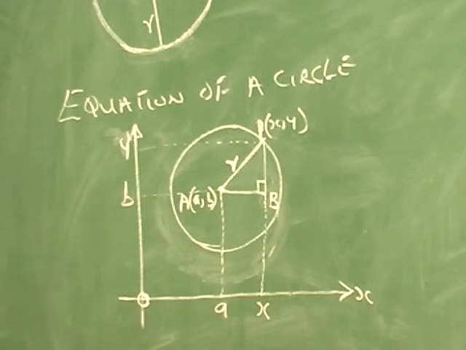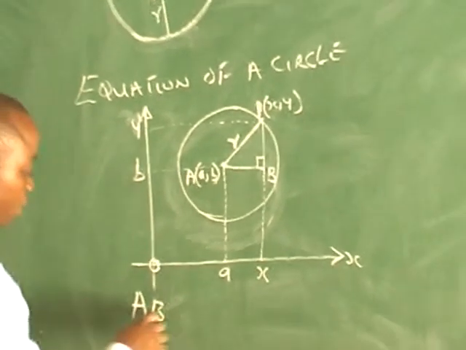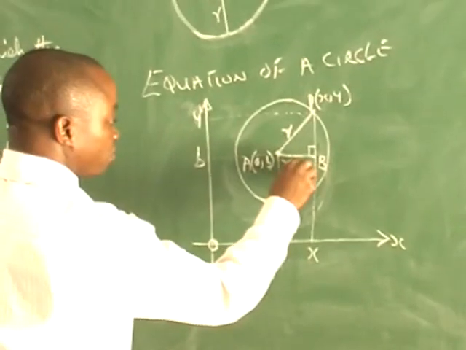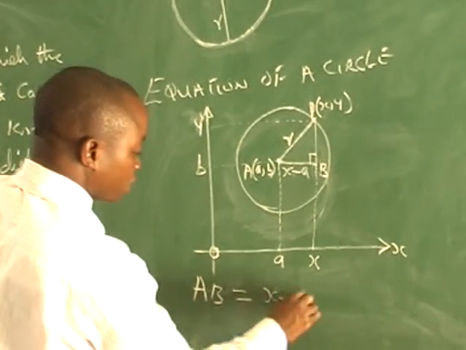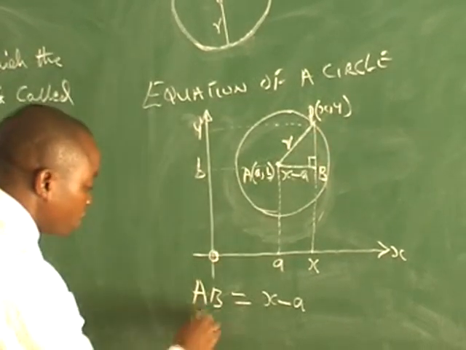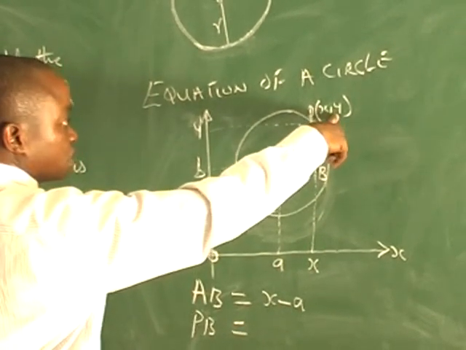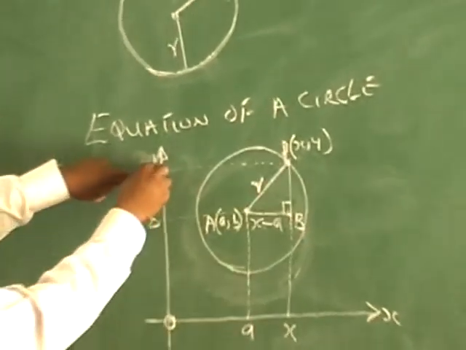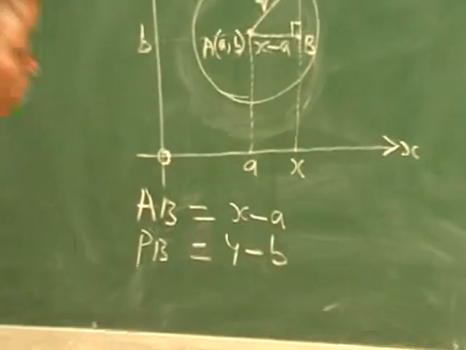So what it means is that the distance AB, from here to here, will be equal to x minus a. So AB is equal to x minus a. And PB is the same as this. This is y. Here to here is the same thing as here to here. So we can get that as y minus b.